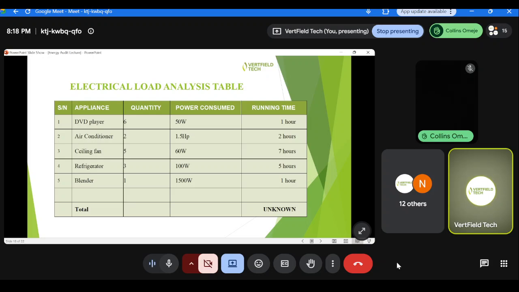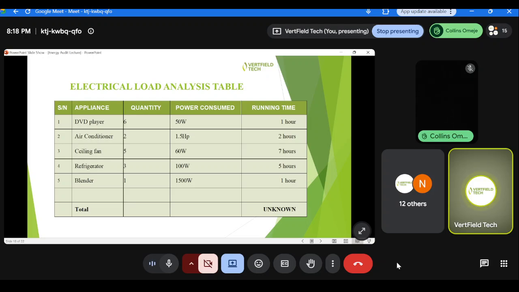So what do we do? How do we run a load analysis on these five appliances? Does anyone know? I don't think any of us know, including myself, because I'm also a beginner in all of this. So how then do we do this? We have a formula which we use.